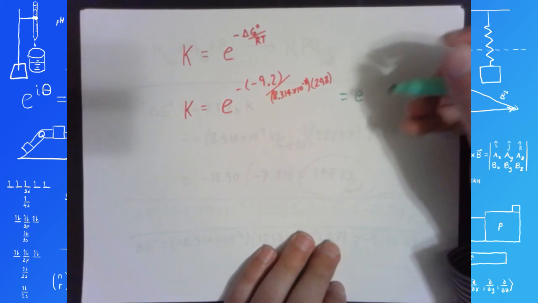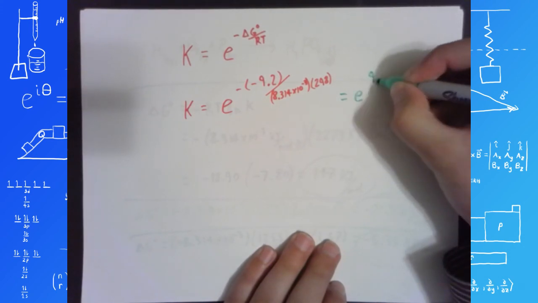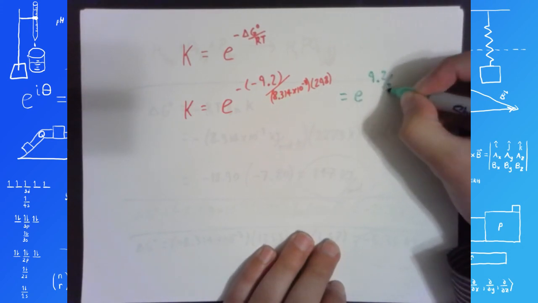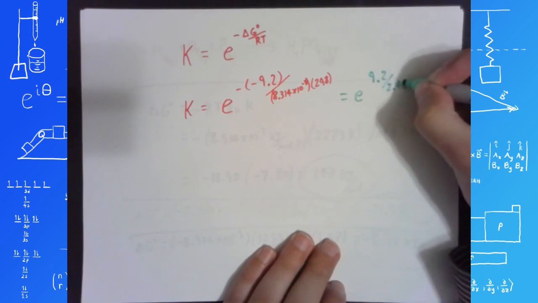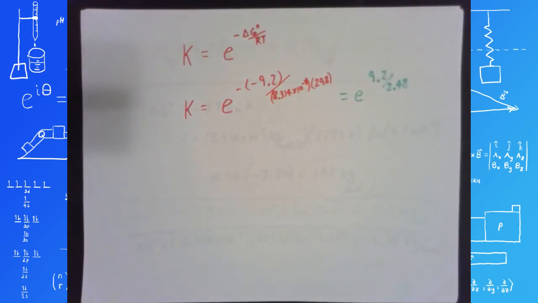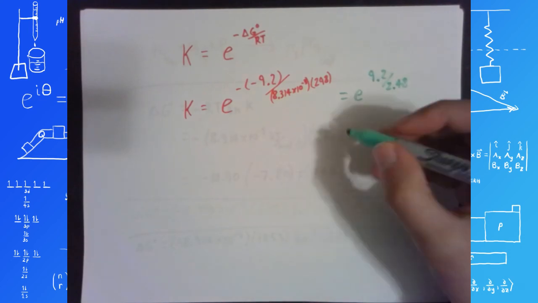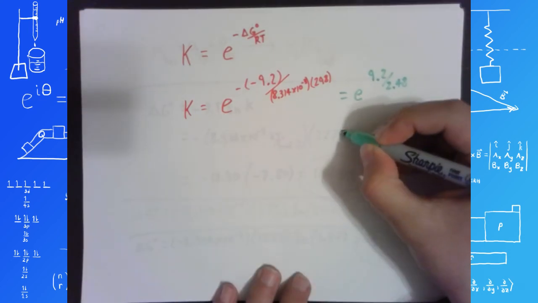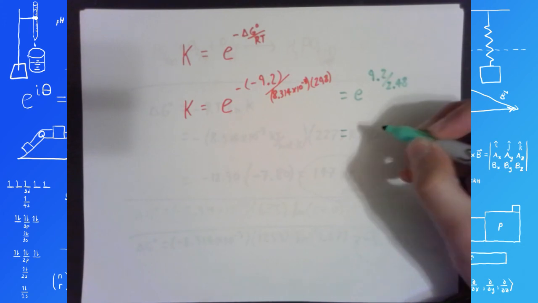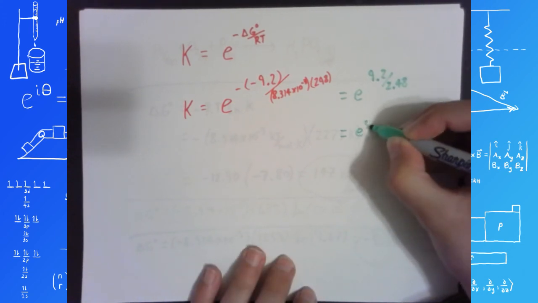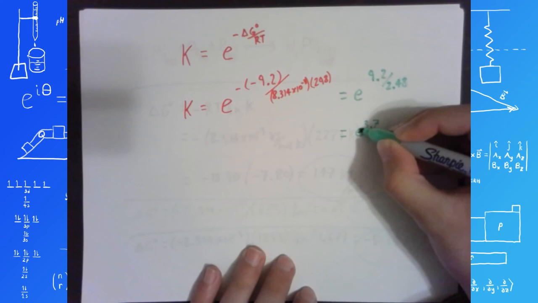So that's e to the 9.2 over 2.48. And then 9.2 over 2.48 is 3.7. e to the 3.7.